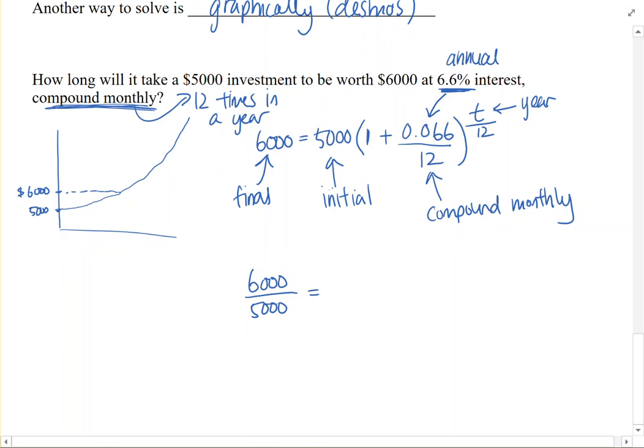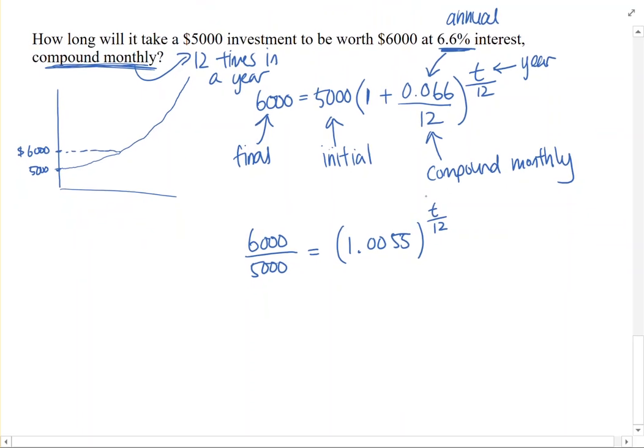Let me punch that in: 1 plus 0.066 divided by 12. That'll be 1.0055, and this number to the 12t. Now you're just going to put different numbers into t to see what number will bring you closest to your fraction here.